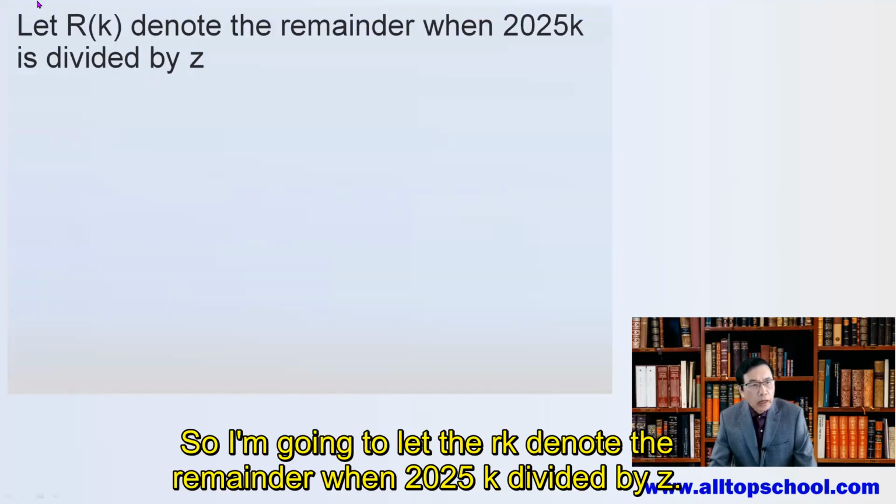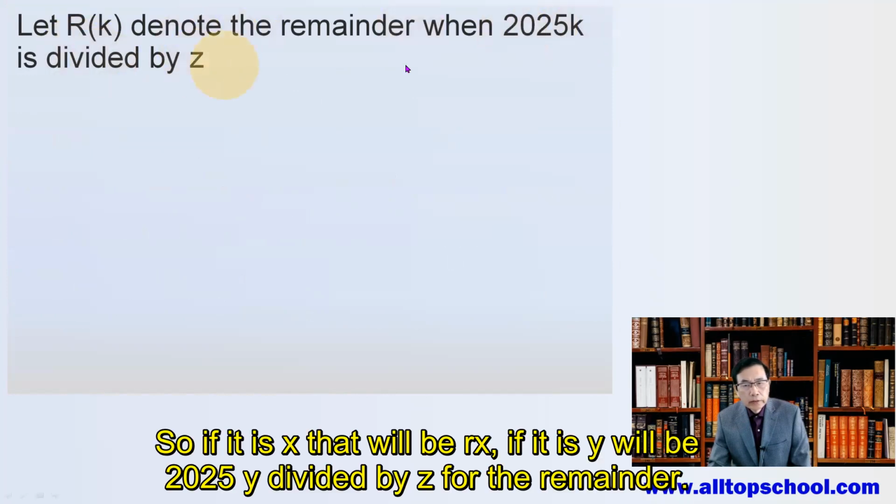So I'm going to let r_k denote the remainder when 2025k is divided by z. So if it is x, that will be r_x. If it is y, it will be the remainder of 2025y divided by z.